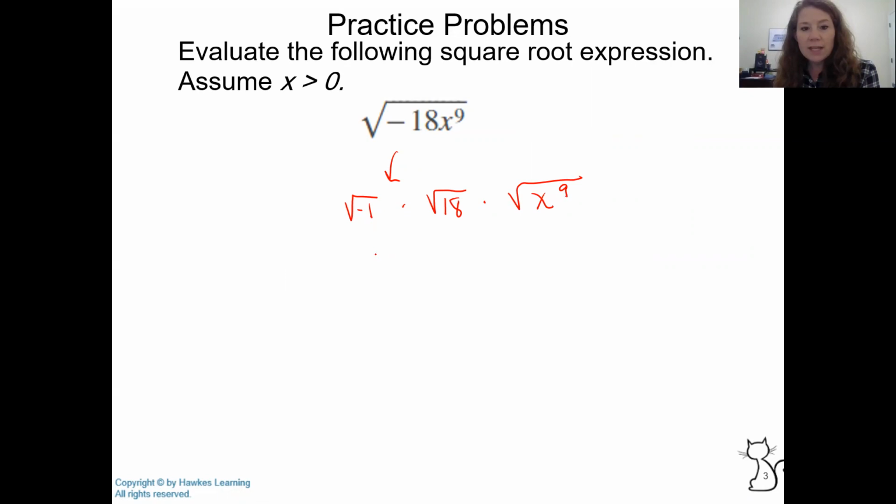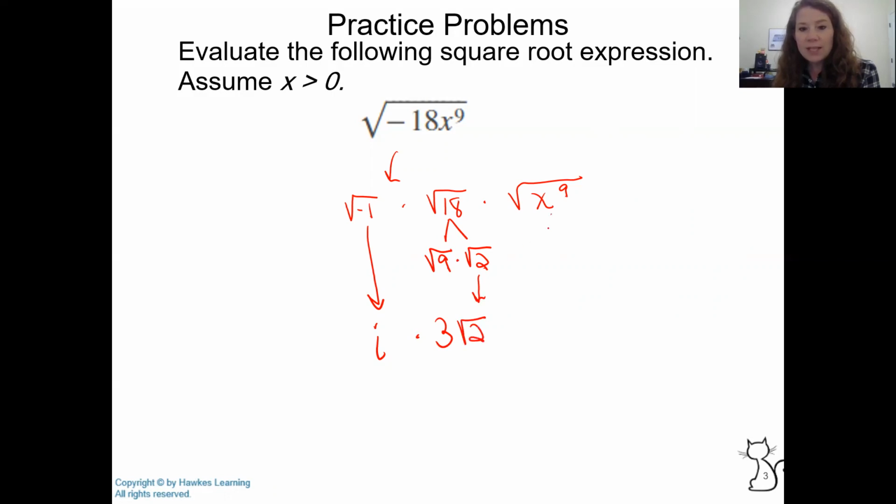So the square root of negative 1 is i. We're going to think of 18 as the square root of 9 times the square root of 2. The square root of 9 is 3. We can't do anything to the radical, the square root of 2.